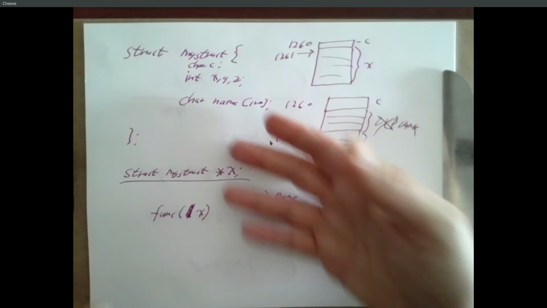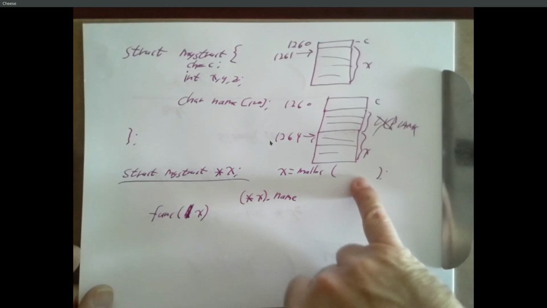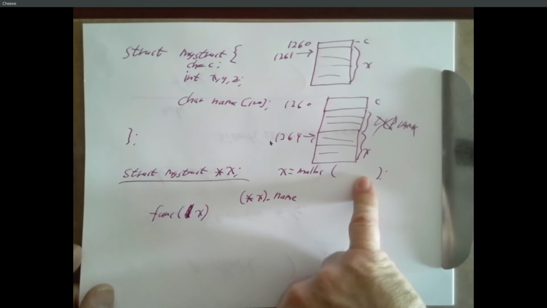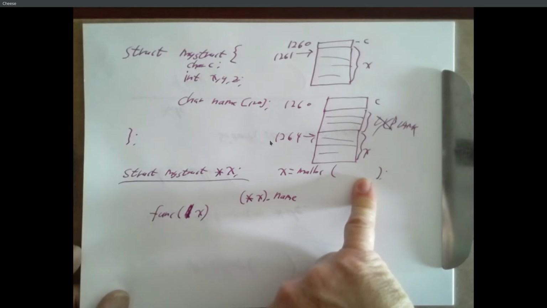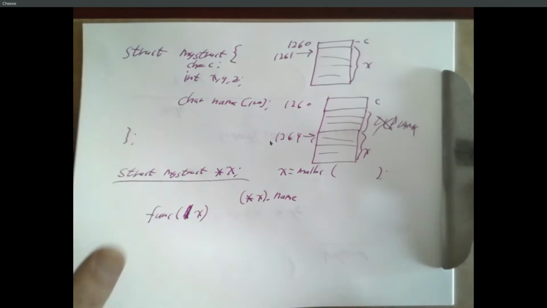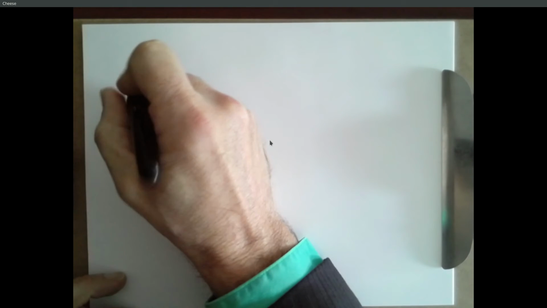And we don't need to know all these details ourselves, but to know how many bytes we need to allocate for a structure, someone needs to know this. Well, the compiler knows it, right? So we do something like this.